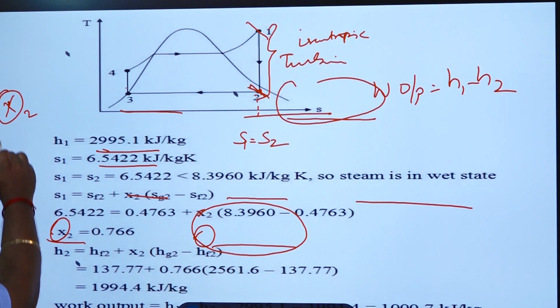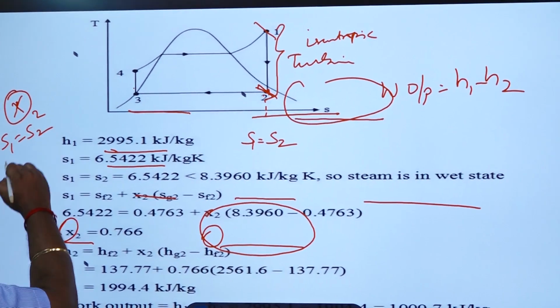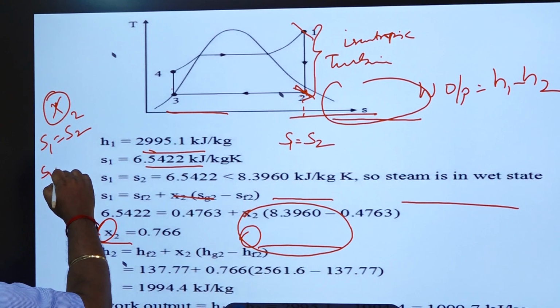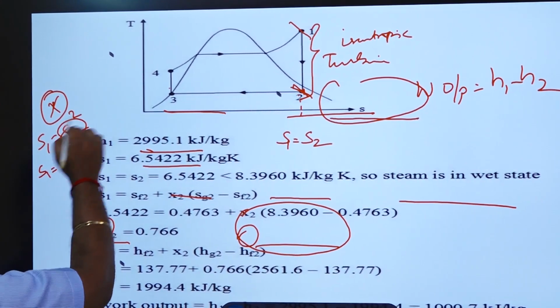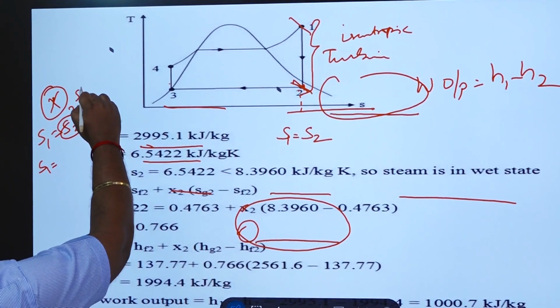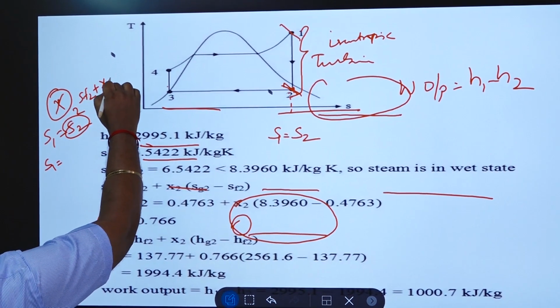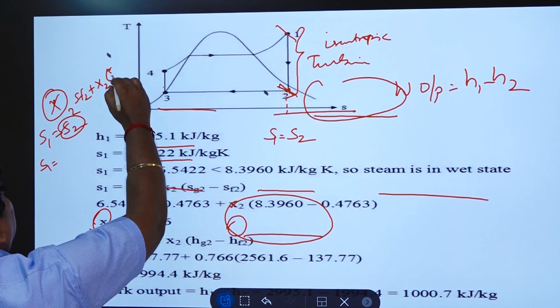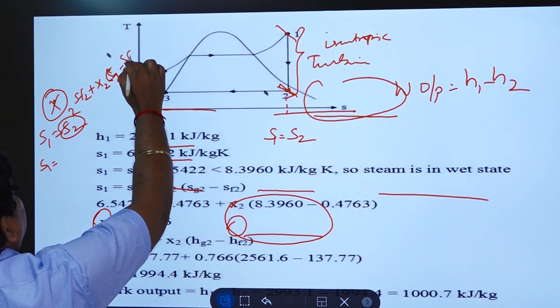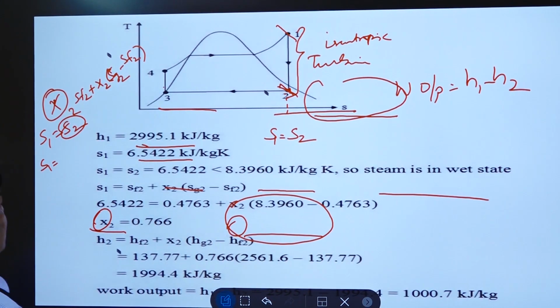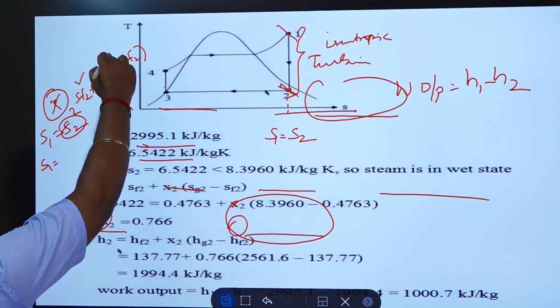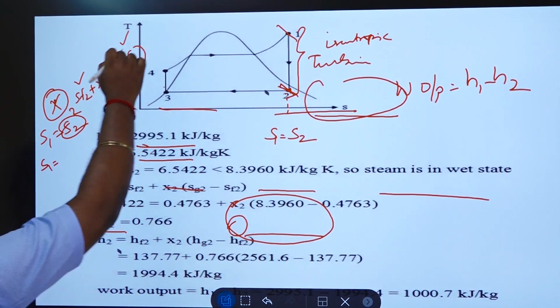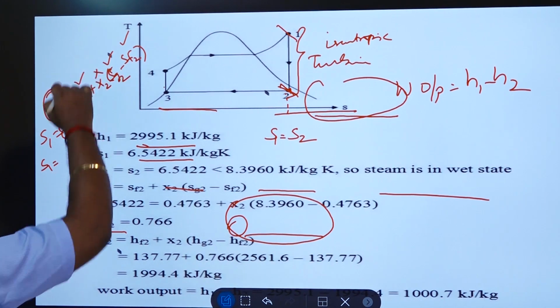Since S1 is equal to S2, for S2 you can write SF2 plus X2 into SG2 minus SF2. Look at the data given to you: SG2 and SF2 are given, and X2 you have to find out.